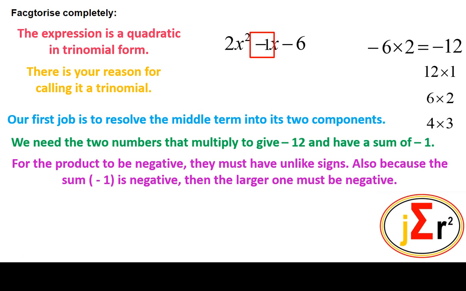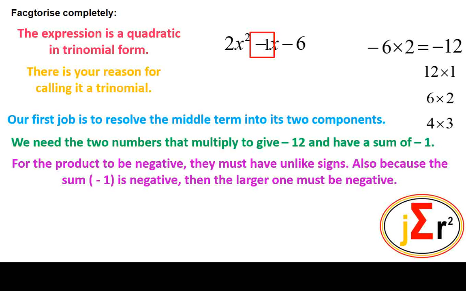Therefore, any two numbers that we are going to add together to give this negative number, the larger one has to be negative. No, we are not saying that there is no other way to get a negative sum. But do not forget that the product is -12. Therefore, one must be positive and one must be negative to give a -12.